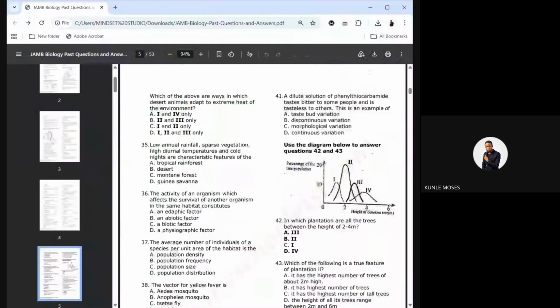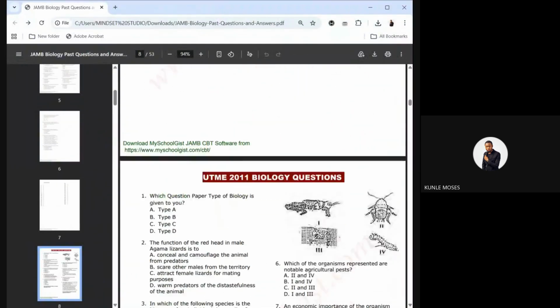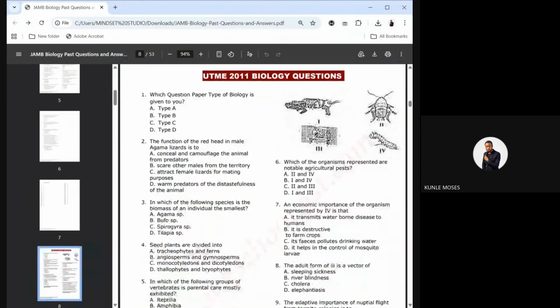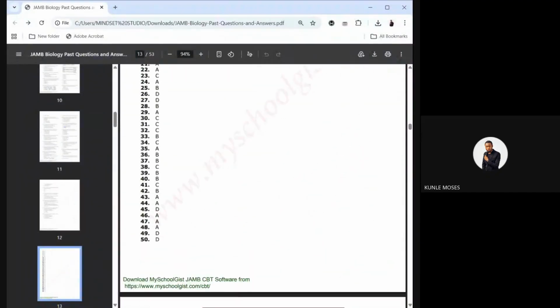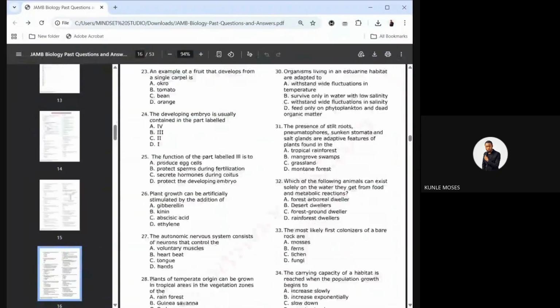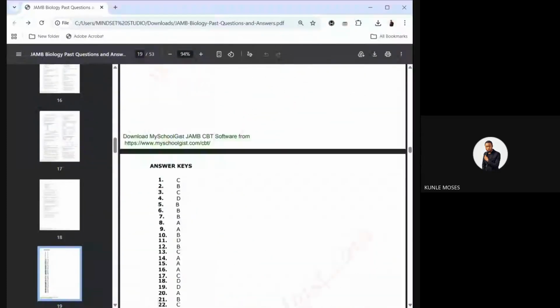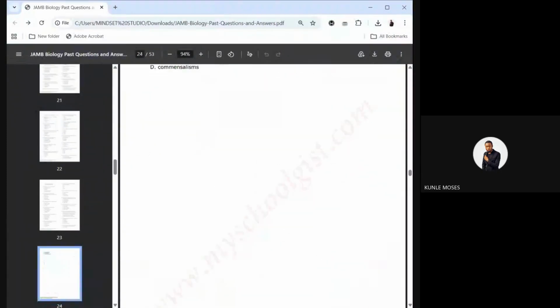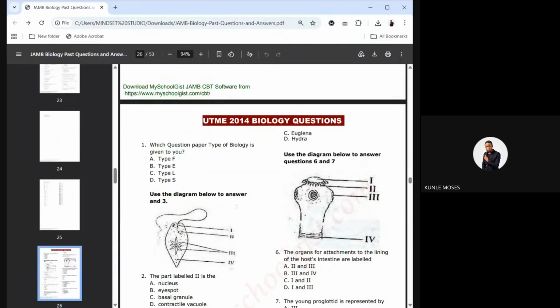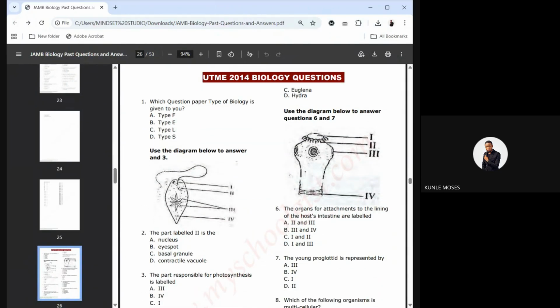I'm looking for more latest. Should we do this one or should we proceed?